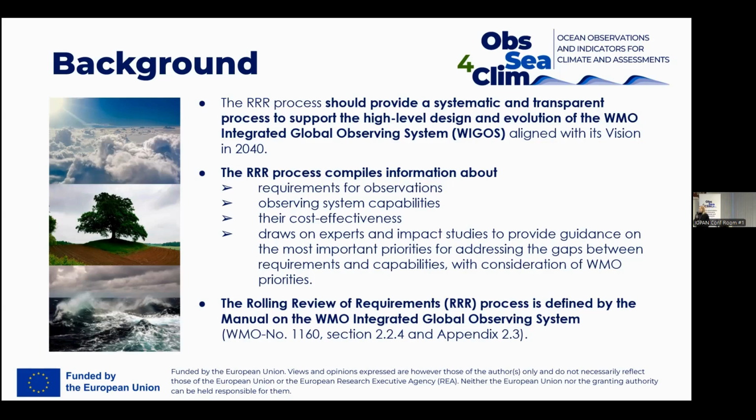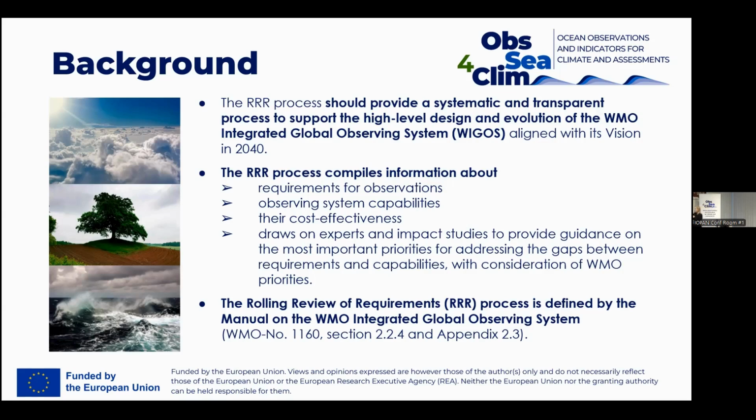Then we need to assess the observing system capabilities to address these requirements, their cost effectiveness, and draw on expert and impact studies to provide guidance on the most important priorities for addressing the gaps between requirements and capabilities, with consideration of WMO priorities that are now also becoming GCOS priorities, because GCOS has been asked to take up ocean applications in this process.